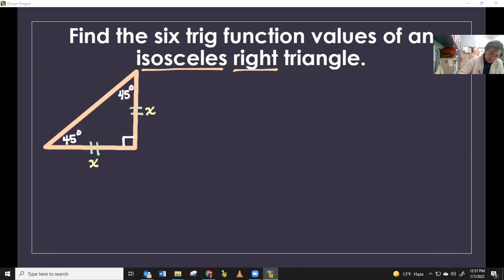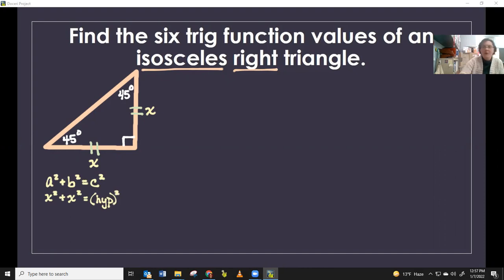I'm going to use Pythagorean Theorem. A squared plus b squared equals c squared. We're looking for the hypotenuse here, so I'm going to have x squared plus x squared equals my hypotenuse squared.